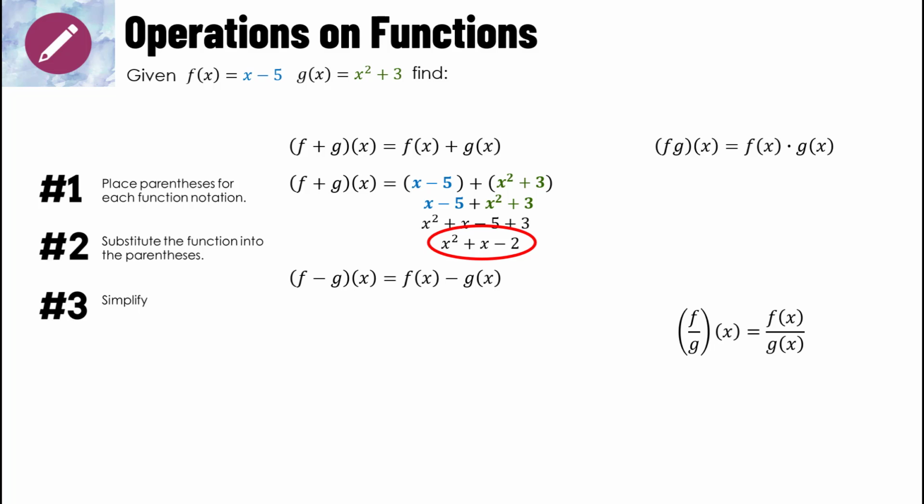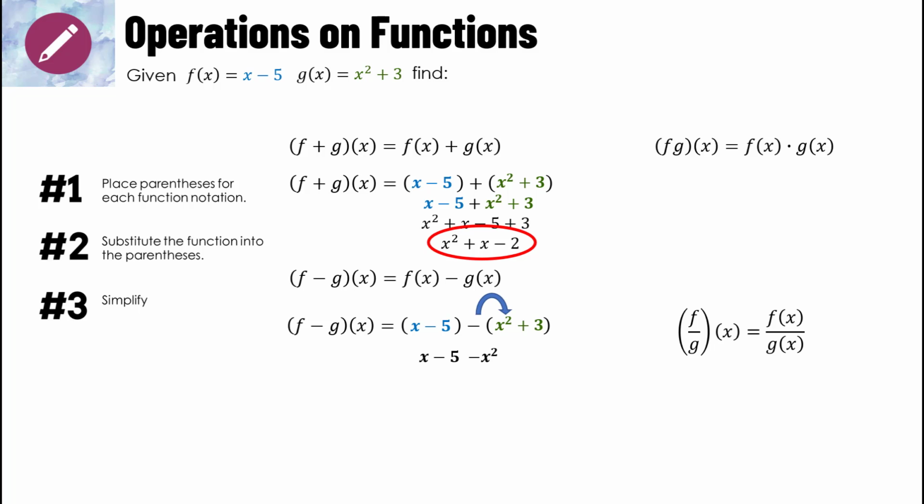The next one we're subtracting, but we're going to follow the same rules. I'm going to make a parentheses for my functions. I'm going to substitute the function into the parentheses. Remember, f of x is x minus 5, g of x is x squared plus 3, and then we're going to simplify. Now for the first one, it's just x minus 5. But for the second one, I'm going to have to distribute the negative into the parentheses.